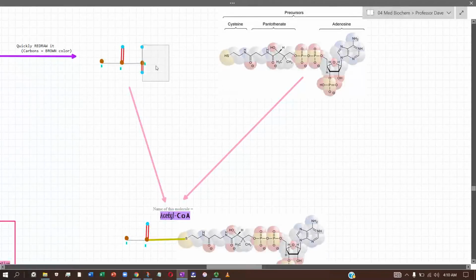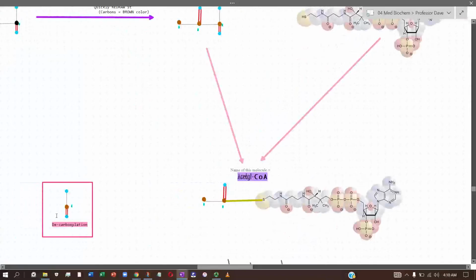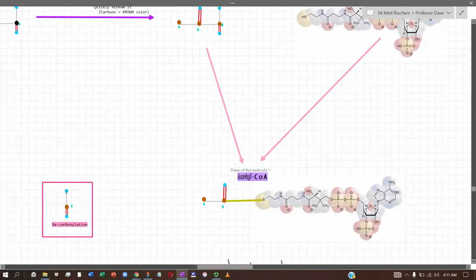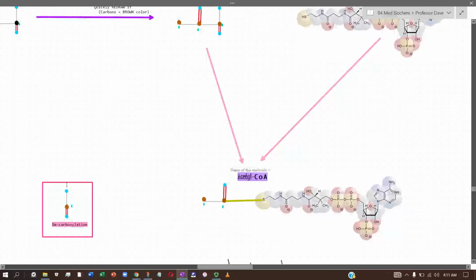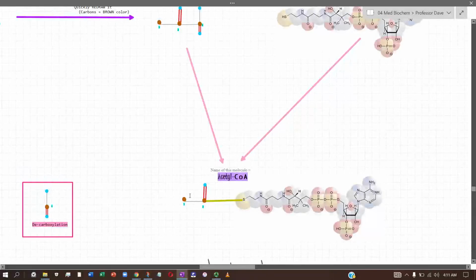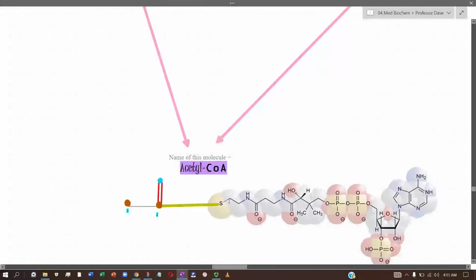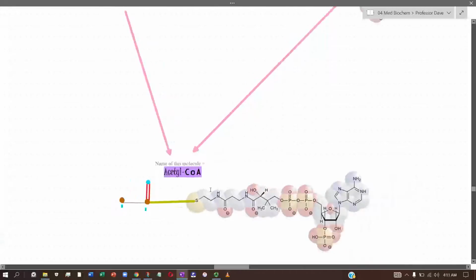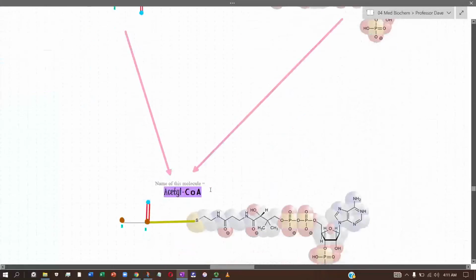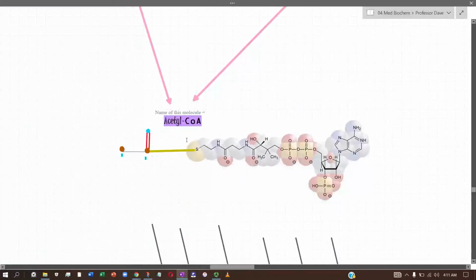There you see decarboxylation took place. That carbon and these two oxygens, CO2, came off of the pyruvate. Now there's a bond between carbon 2 and the sulfur atom of the coenzyme A molecule. Now this whole thing is called acetyl-CoA.